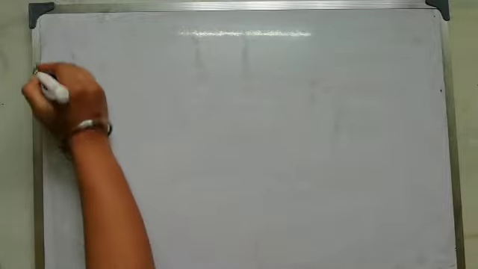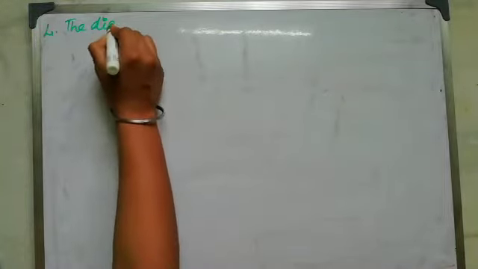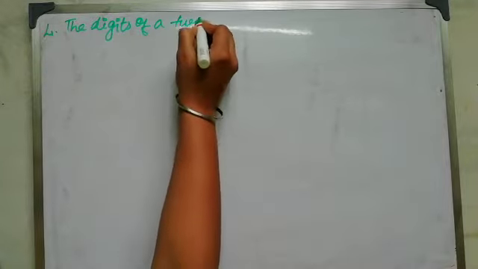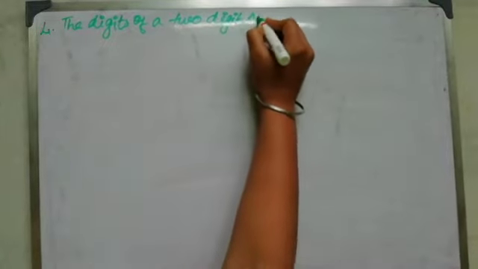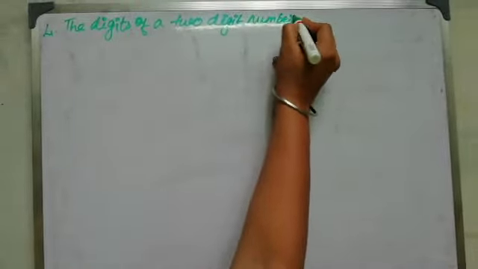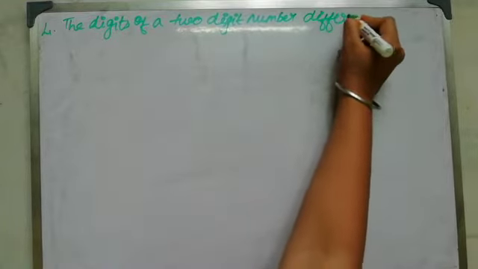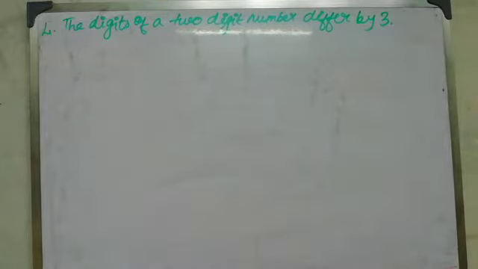So, my next sum, which is sum number 4: the digits of a 2-digit number differ by 3. Fine.